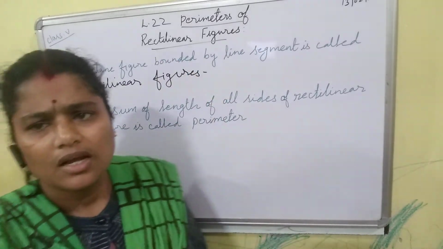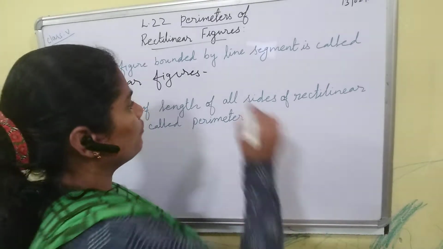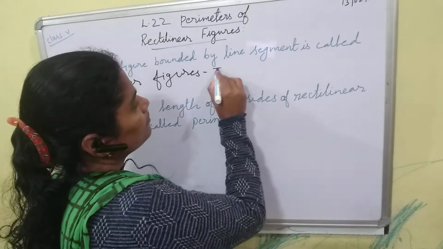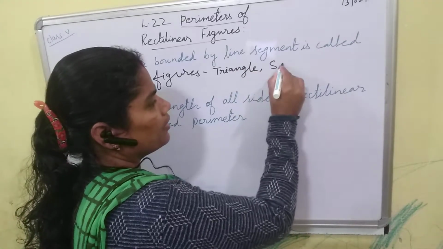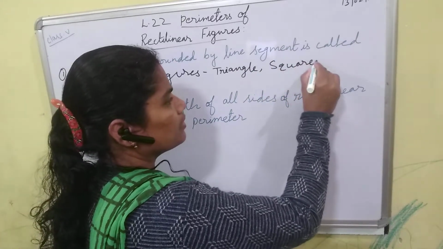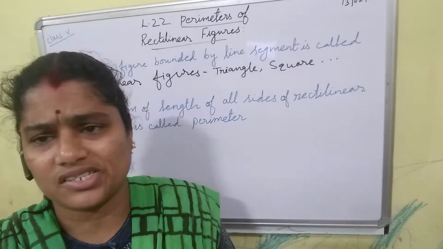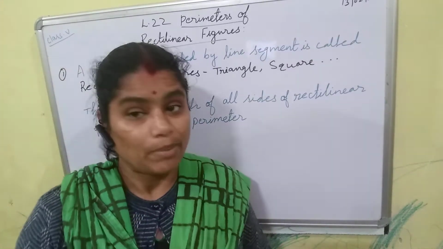Example: triangle, rectangle, square, etc.